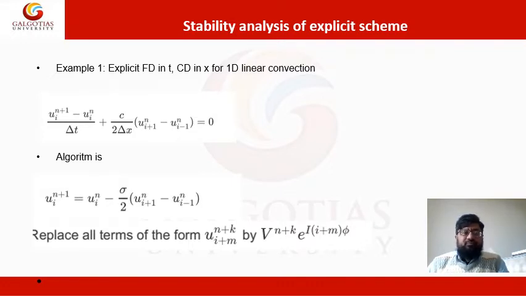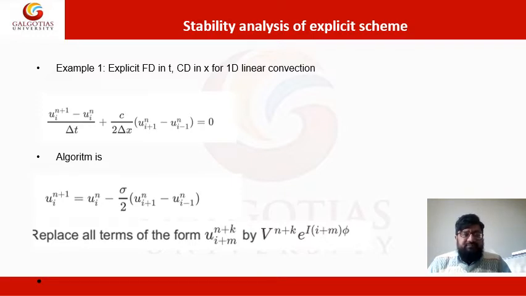discretized form of equations. Let us say we have the linear convection equation, del u by del t plus c del u by del x equals 0, where c is the speed of propagation of the property, or speed of convection. Let us discretize the time derivative with a finite difference version and the space derivative with a central difference approximation.